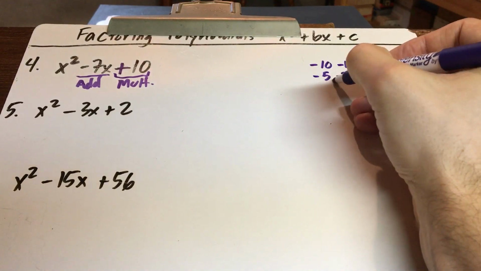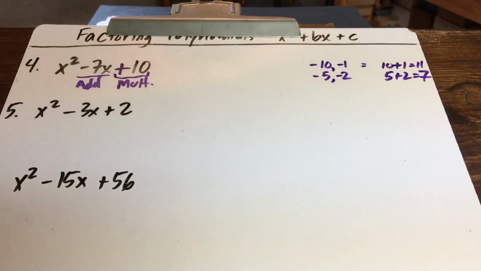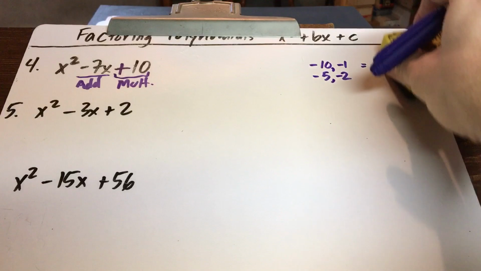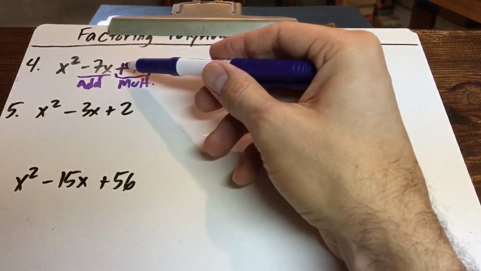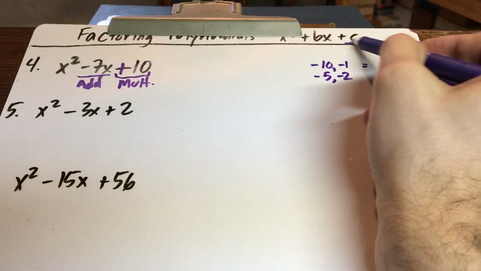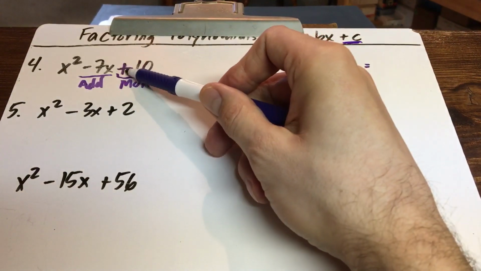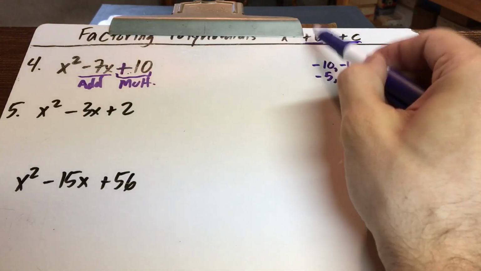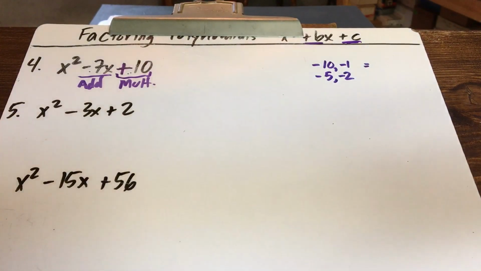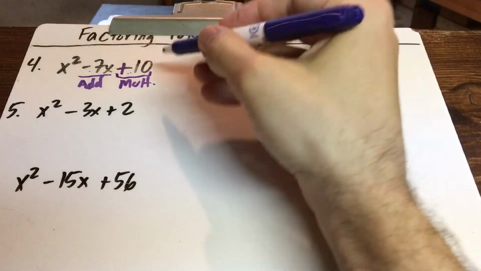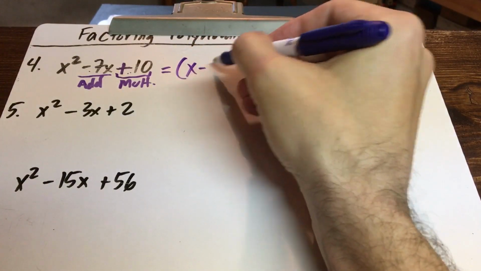And so really the combinations I want to try are negative 10 and negative 1, or negative 5 and negative 2, right? So whenever the C term, your letter C, is positive, but the B term is negative, that tells you that both of your numbers in your parentheses are going to have subtracting with them, right?